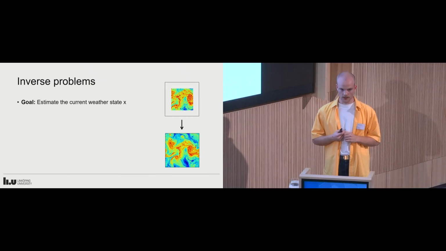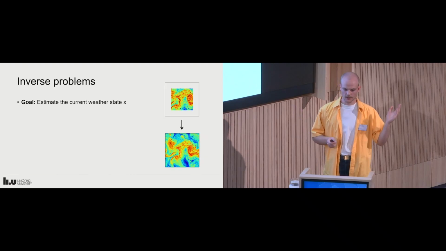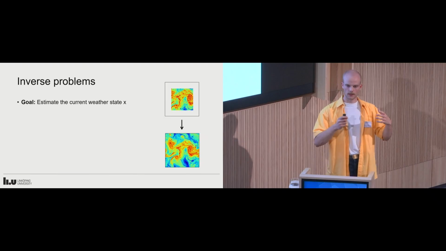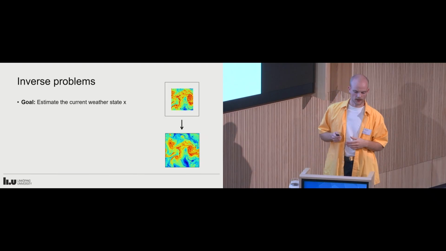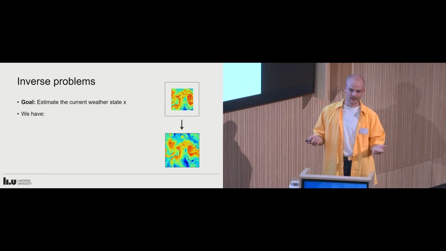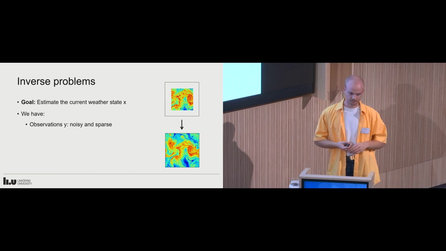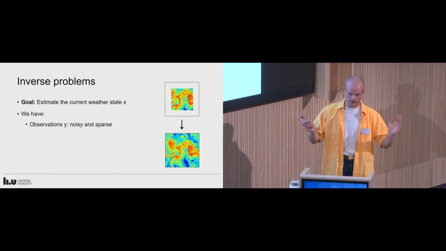And so in the context of weather forecasting, as mentioned before, the inverse problem we're trying to solve is estimating the current weather state X. And to do this, we assume to have access to some kind of observations, which might come from land observations or satellite observations of some kind.